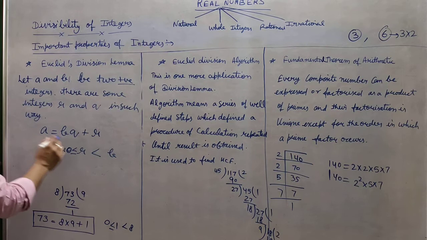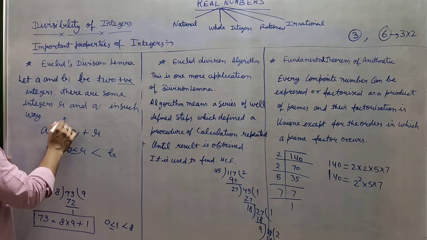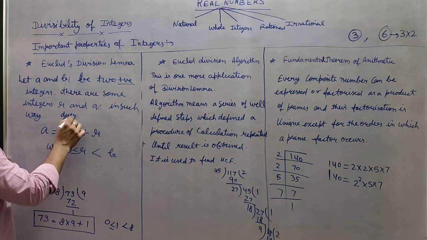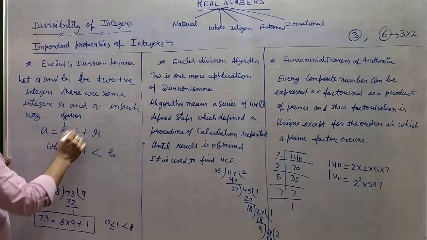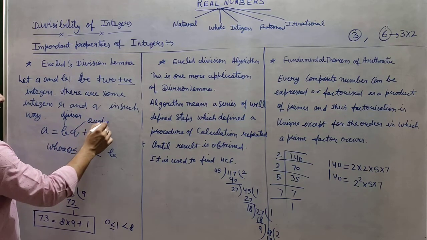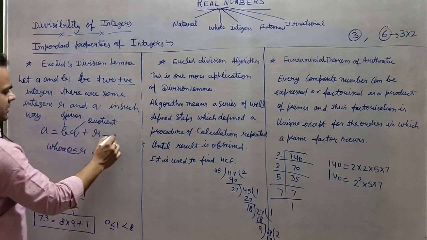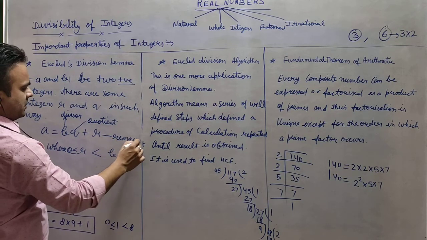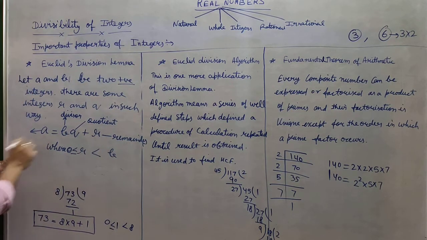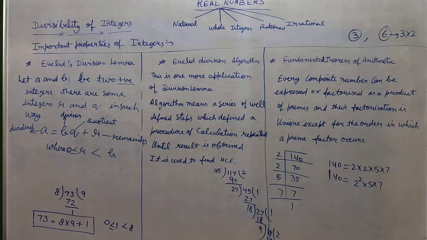Here, b is the divisor, q is the quotient, r is the remainder, and a is the dividend.